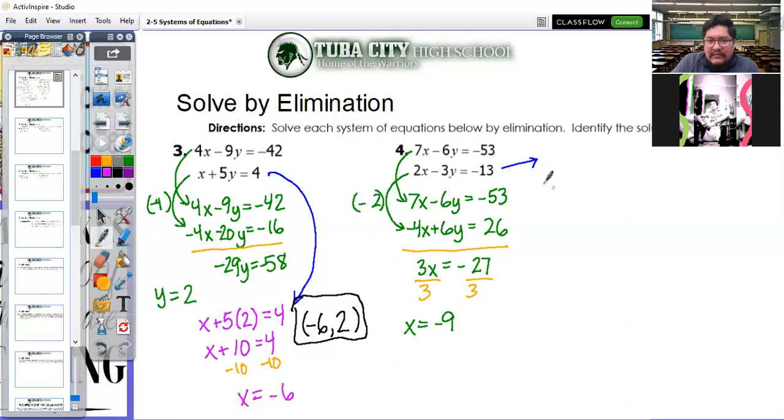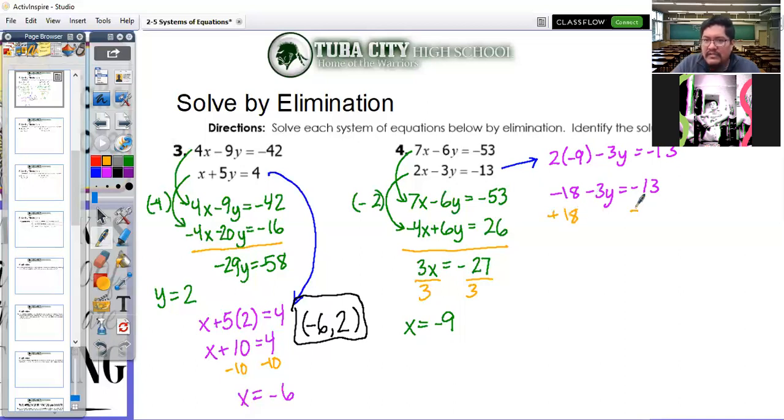Okay, so x is equal to negative 9, so 2x, so 2 times negative 9 plus negative 3y equals negative 13. 2 times negative 9 is negative 18. And then let's see, it looks like I'm going to have to add 18 to both sides because I want to get rid of this 18.